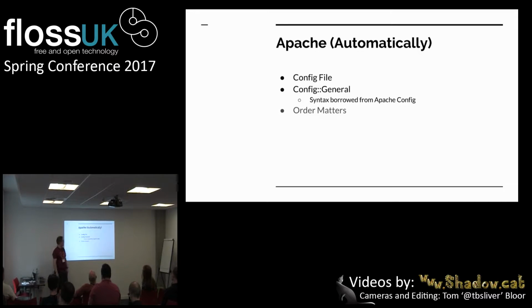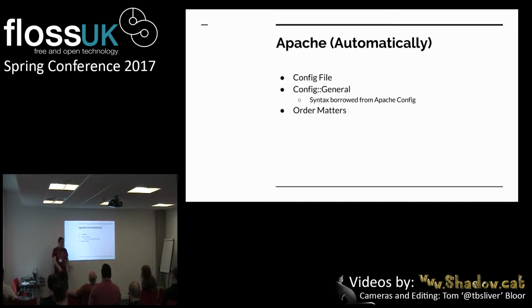However, in Apache configs, order matters. In Config::General, it comes up as a hash or a dictionary, which means that for security reasons, they don't keep the key and value pairs in the same order in the hash, because that leads to various security issues and repeat attacks and God knows what else. There's a lot of random security bugs in that.